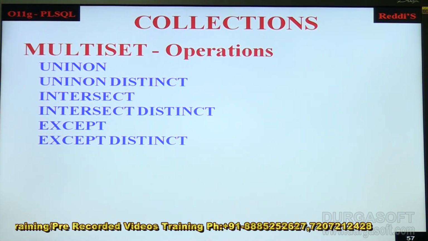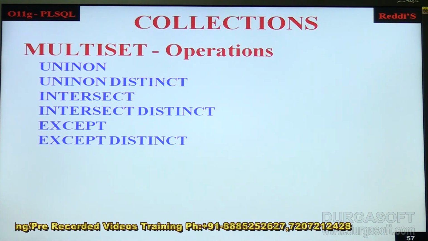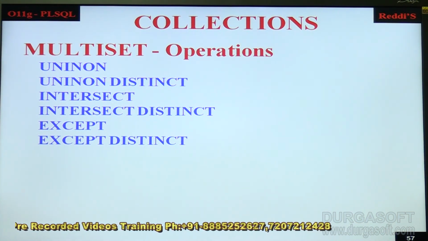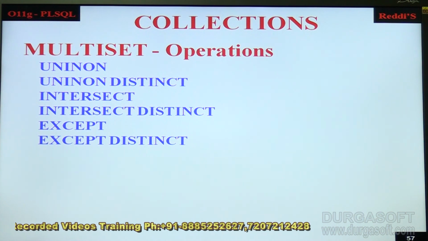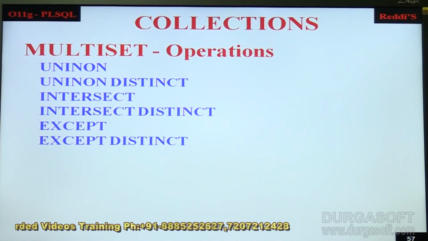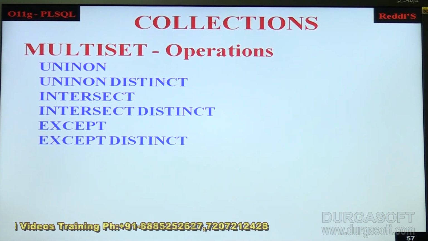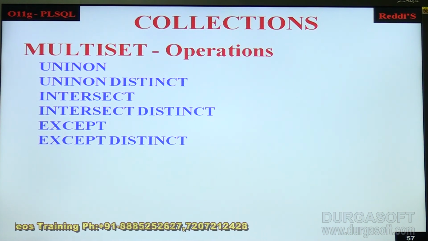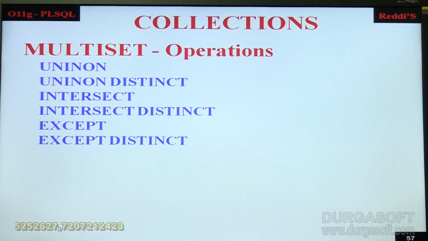Then we have multi-set operations introduced in 11G: union, union distinct, intersect, intersect distinct, except, except distinct. Between union and distinct, intersect and distinct, except and distinct, there is a space. These are two different words.